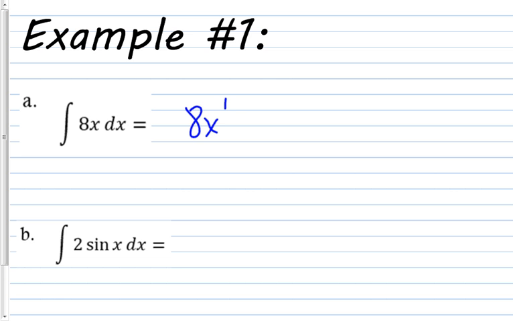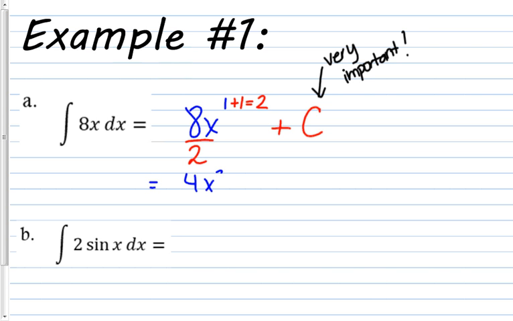I'm going to add 1, I get 2, and then I'm going to divide by my new exponent. And then, oh, there could have been a constant there, so plus c. Now, how important is this? Very. If you do not write plus c, you get the answer wrong. That's simple. Of course, that can be simplified just a bit. So 4x squared plus c.